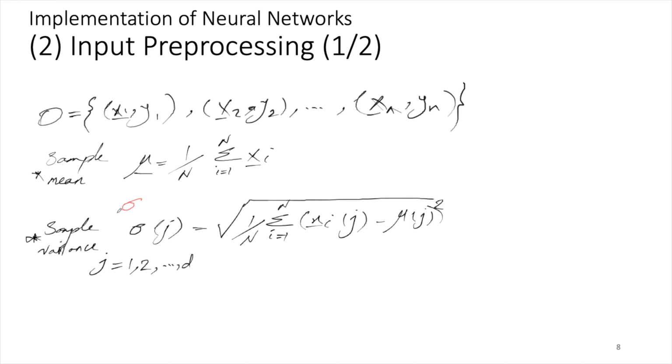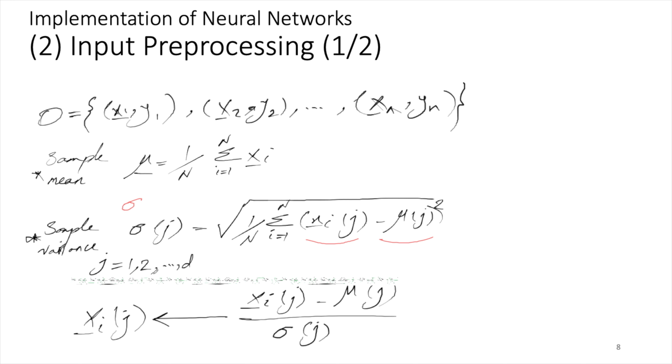Basically, you take each of those x's minus their mu's and square them, to find the variance of j for each of the dimensions, 1 up to d. And then using this sigma, you can actually normalize your data set.